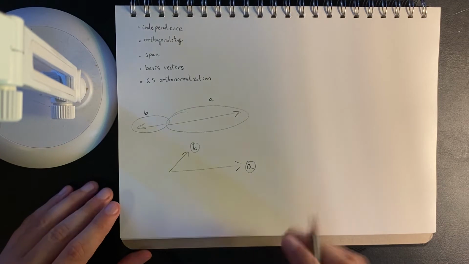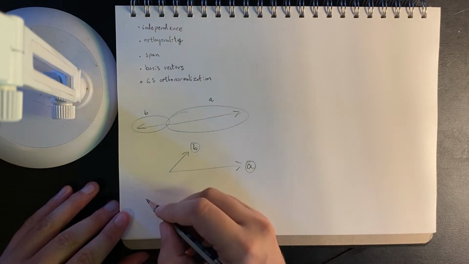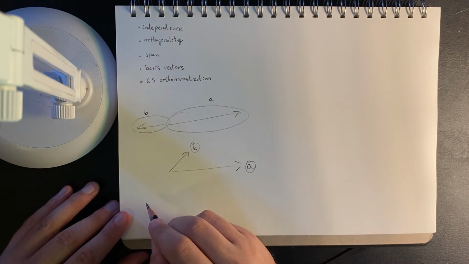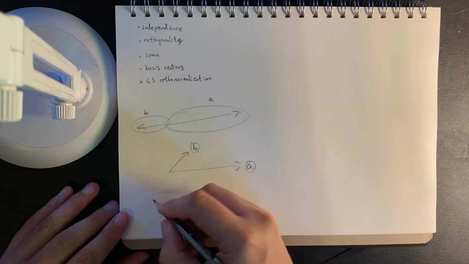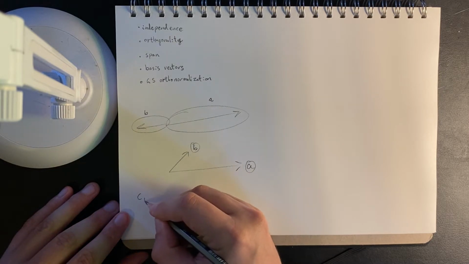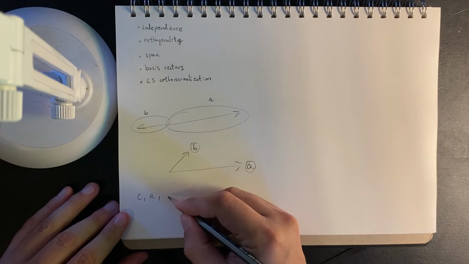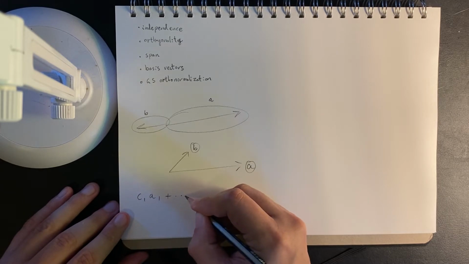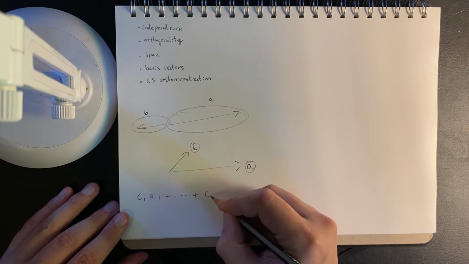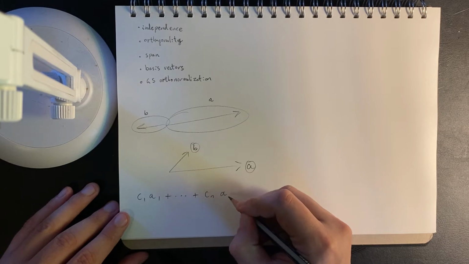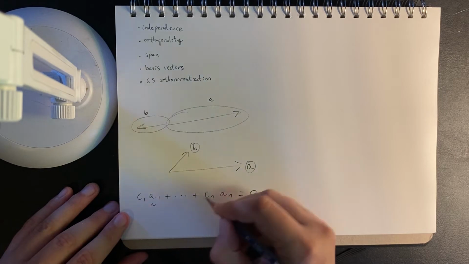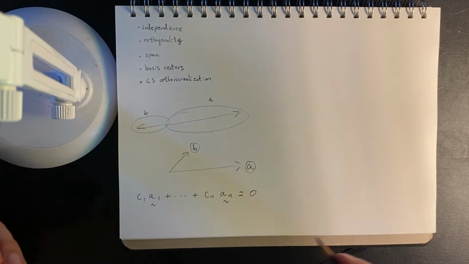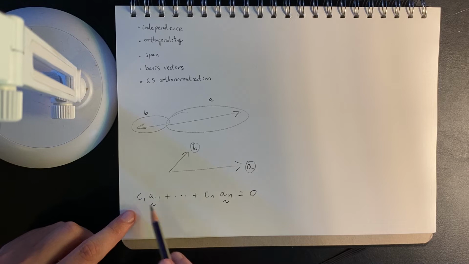So, a set of vectors, let's call it A1 up to AN. There can be as many of these as we want. A set of vectors is linearly independent if the equation C1A1 plus as many as we want up to CnAn equals zero, where C is the coefficient, a real number, for instance, just an element of a field.